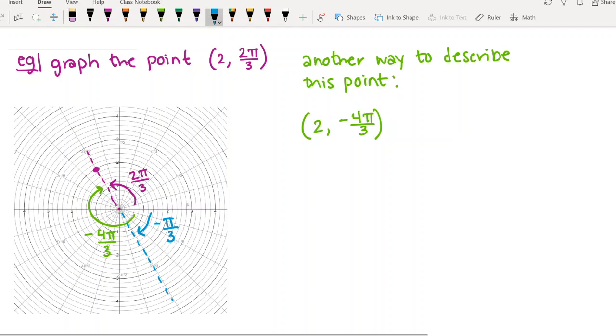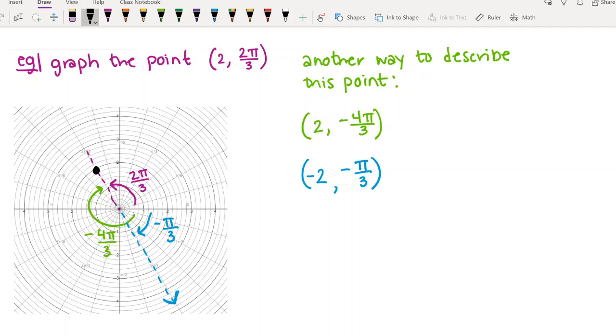So if the angle was negative pi over 3, then how would we get to this point? We would have to have the radius be negative 2, right? Because if our angle is negative pi over 3, the default is to point in this direction, and our point is not in that direction. Our point is here. So in order to get to that point, we would need to specify that the radius is negative 2.